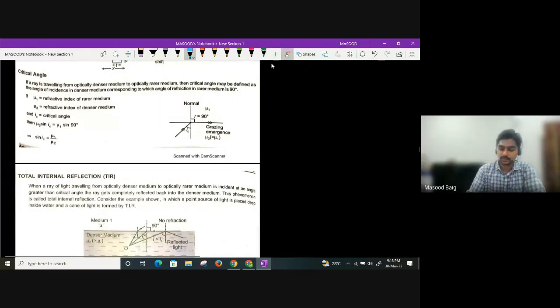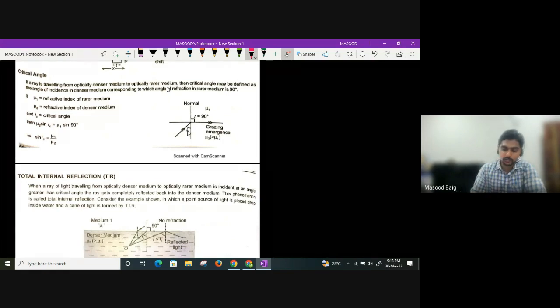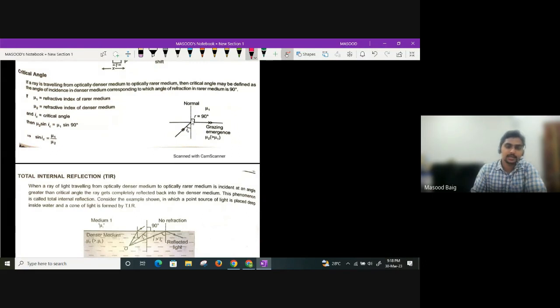Now, there is a concept called critical angle, which is also very, very important. The critical angle case will arise when incident ray is traveling from denser medium to rarer medium, right? So it is that particular angle where angle of refraction in rarer medium becomes 90 degrees. So if I apply Snell's law, guys, it is traveling from mu2.